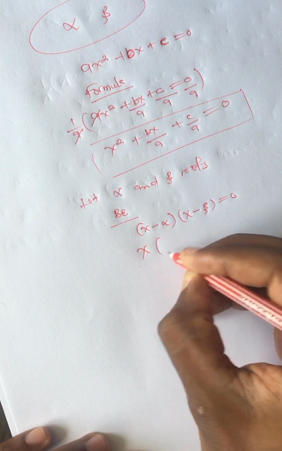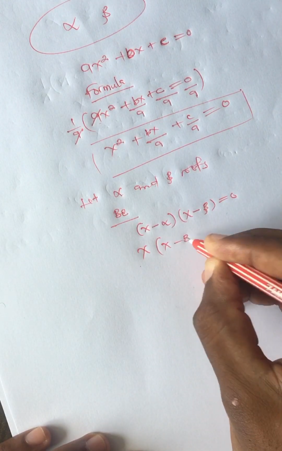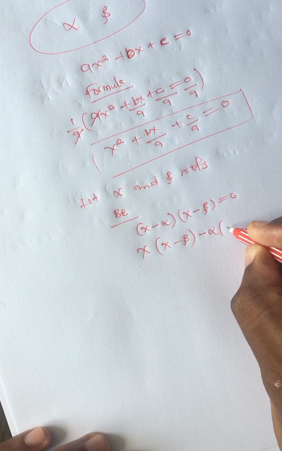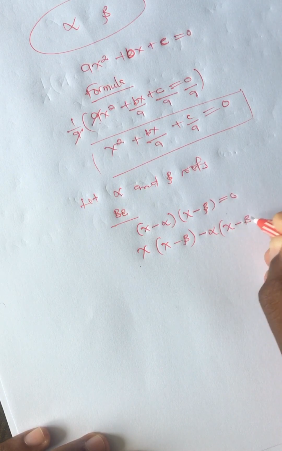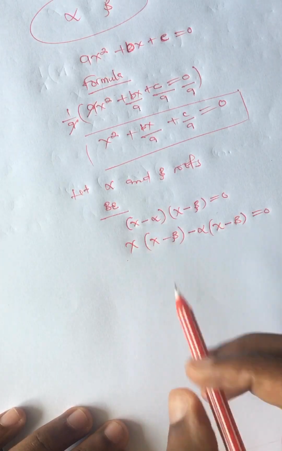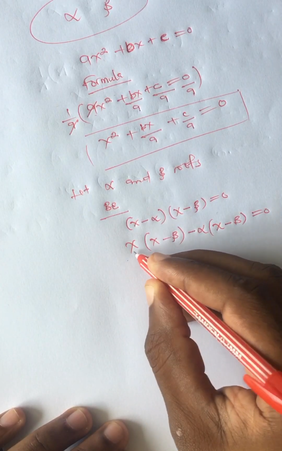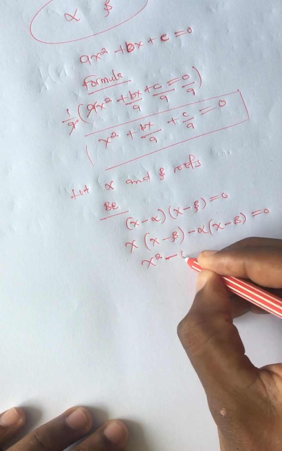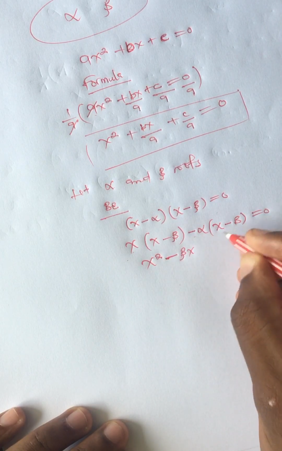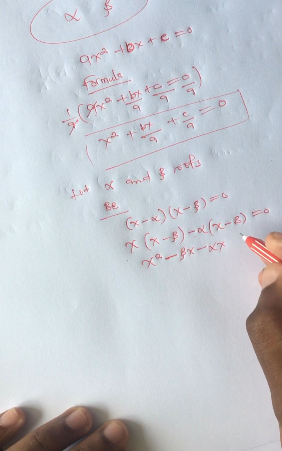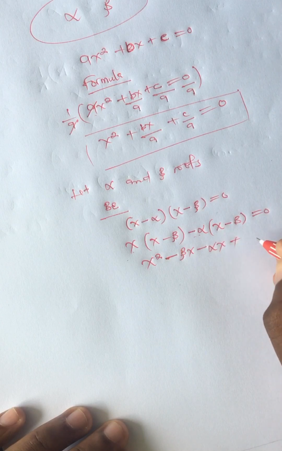So x will multiply with x minus beta, then negative alpha will be multiplied by x minus beta, which is equal to 0. Then x multiplied by x gives x squared, then minus beta x, then minus alpha x, then negative times negative gives positive alpha beta, which is 0.